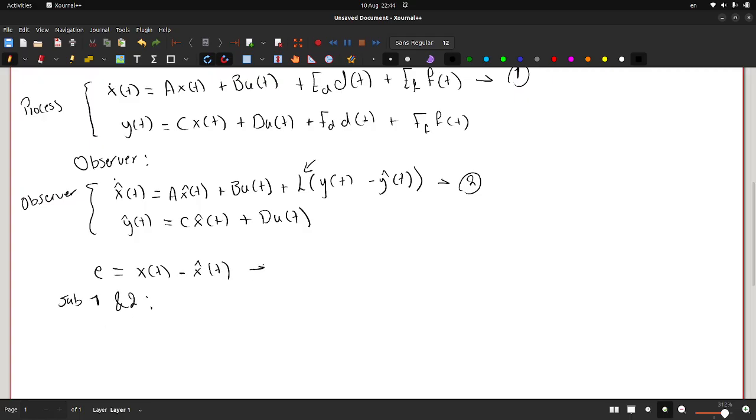First let us do e dot of t equals x dot of t minus x hat dot of t as well.